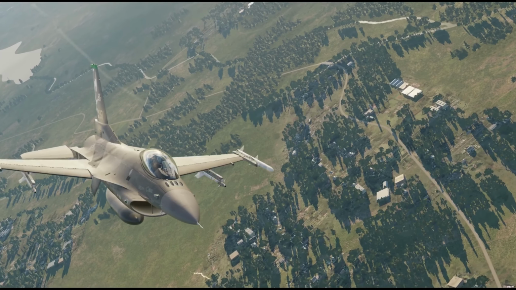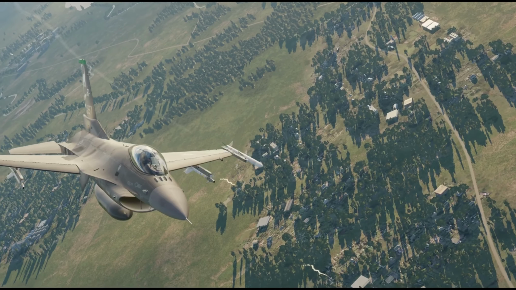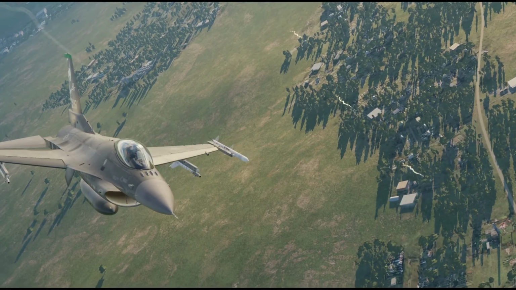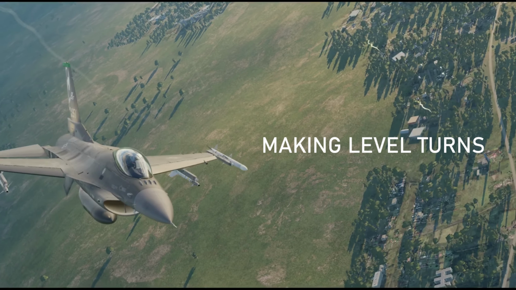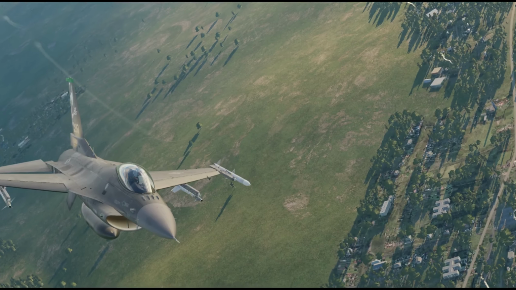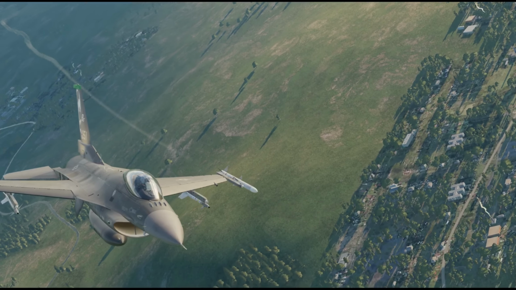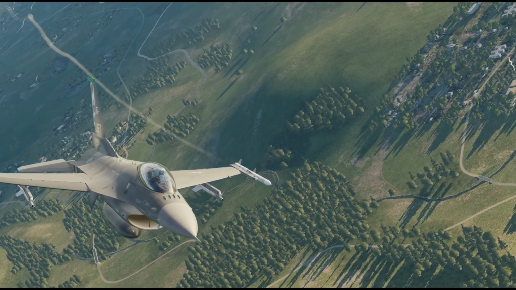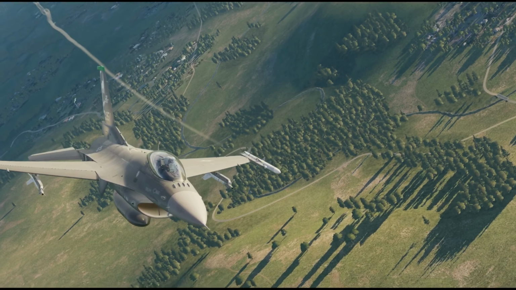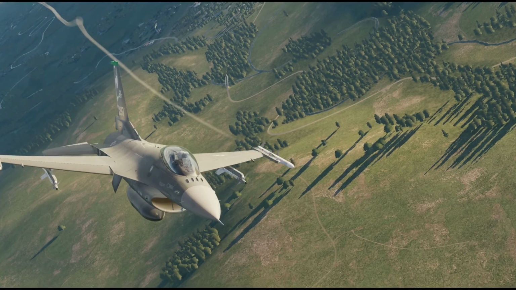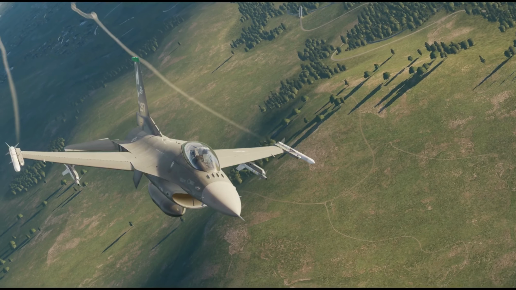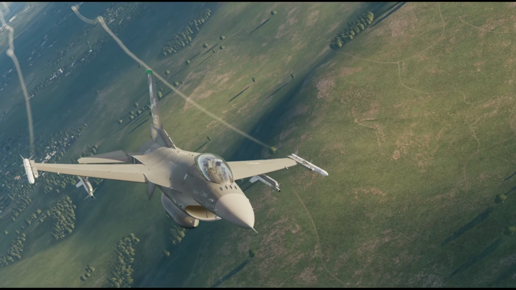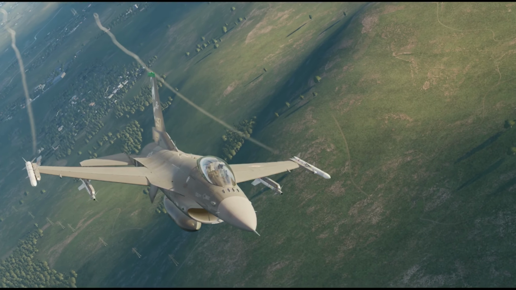One of the big things that a lot of people skip when it comes to flying in DCS is learning how to make level turns. Wow. Really? Making level turns? Yes, 100% important. You probably never noticed it before, but when you're making turns in DCS and you're going left or you're going right, no matter which direction, how much altitude are you losing or gaining when you complete that turn?